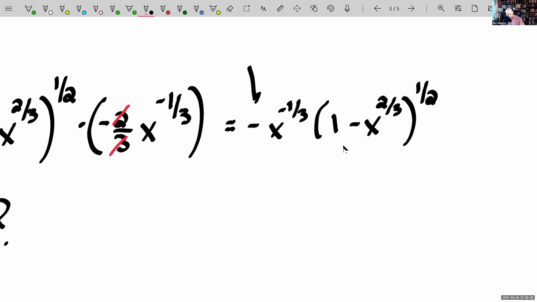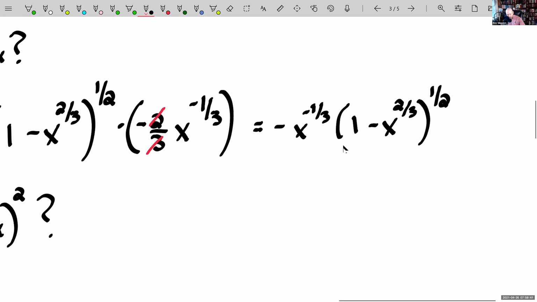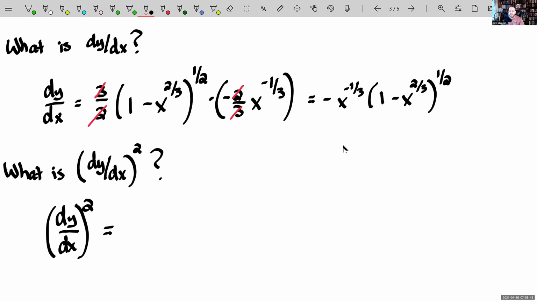The square of this negative is positive. That's nice. Squares of things raised to powers, you multiply the power. So that'll be x to the negative 2/3 and then 1 minus x to the 2/3 power, because you're squaring the 1/2, which becomes 1/2 times 2.